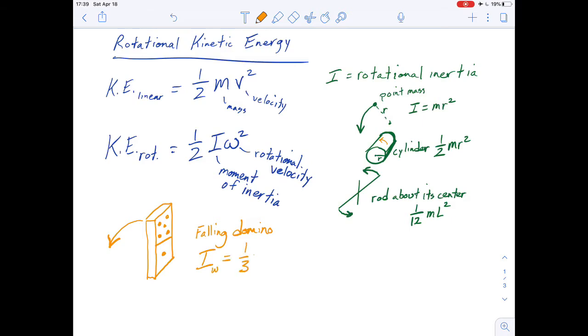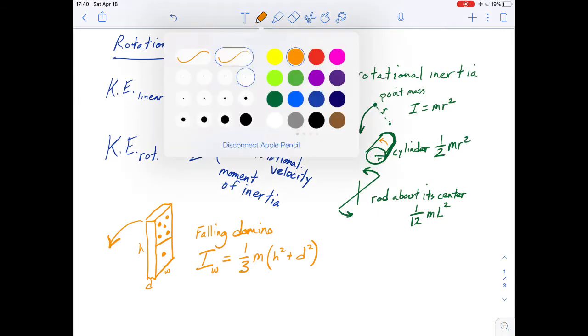So for a domino falling the way we normally have dominoes fall, which we'll call I for its width, the formula is 1/3 the mass times the height squared plus the depth squared. Dimensions are shown right there.